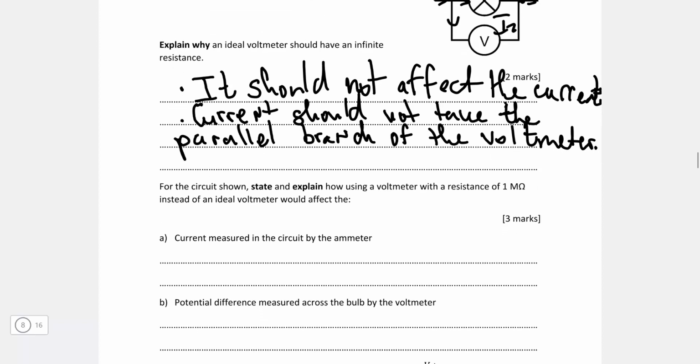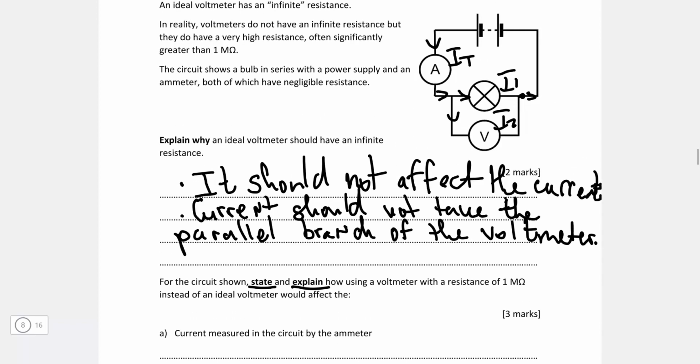Okay, next one. So for the circuit shown, state and explain. So we need to do 2 things, state and then explain how using a voltmeter with a resistance of 1 mega ohms instead of an ideal voltmeter would affect A, the current measured in the circuit by the ammeter. It's actually a really interesting question.